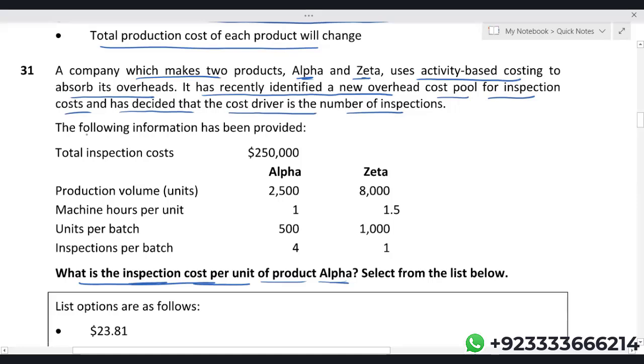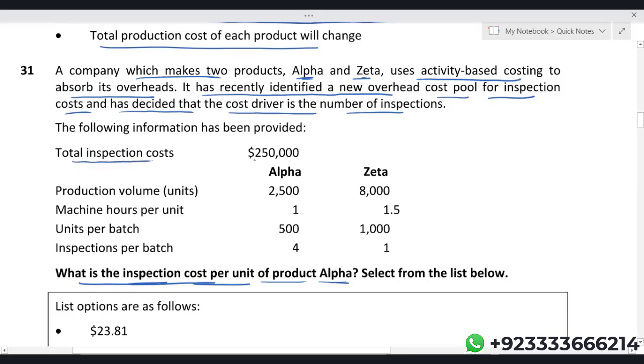Now listen, student, if we know the total number of inspections, then total inspection cost divided by total number of inspections will give us the per inspection cost. And then it becomes easier for us to allocate how much inspection cost belongs to alpha.